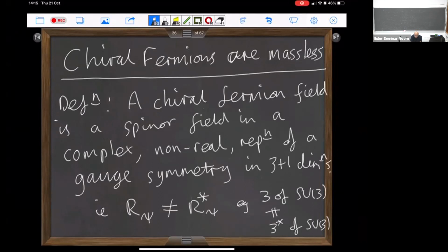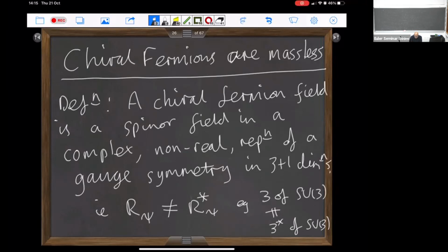So here I'm just giving you a definition. In 4-dimensional gauge theories, what is called a chiral fermion field is defined to be a spinor field which is in a complex and non-real representation of the gauge symmetry. So if R of psi is the representation, if you then look at the complex conjugate representation, it's not the same representation.